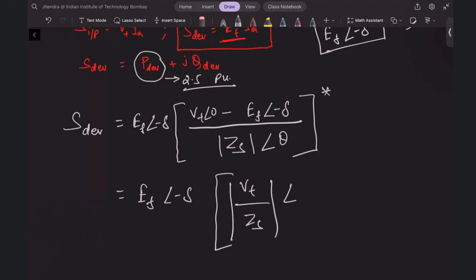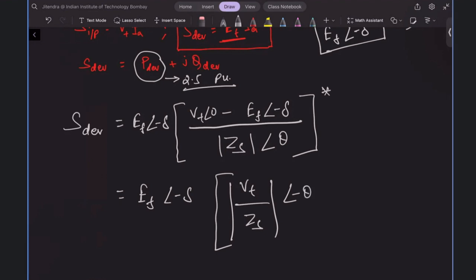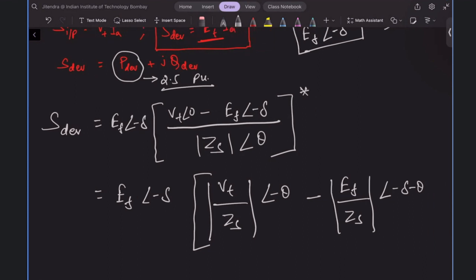Minus theta. Minus theta, yes. Minus EF by Zs angle minus delta minus theta, right? And conjugate.